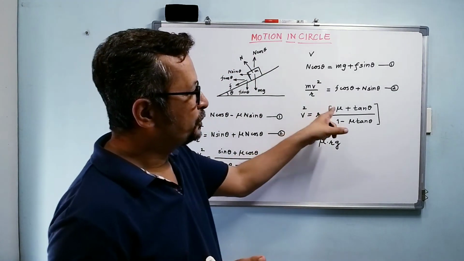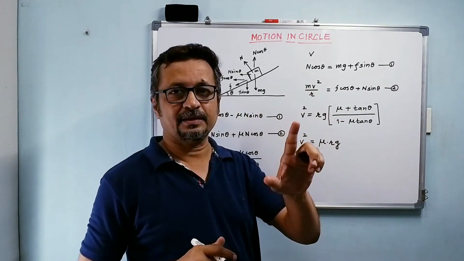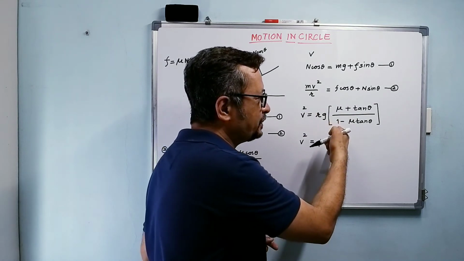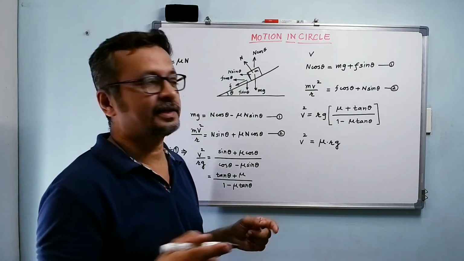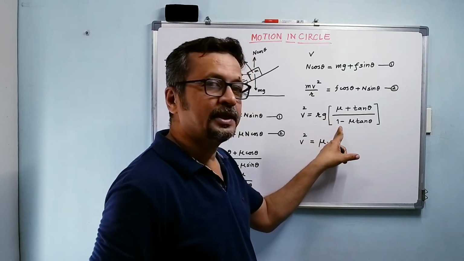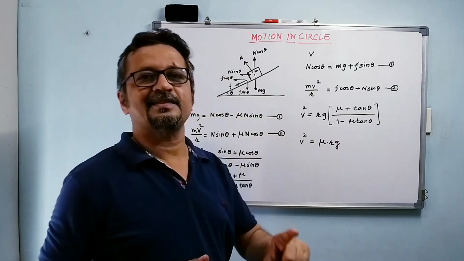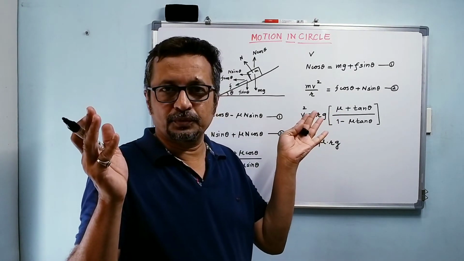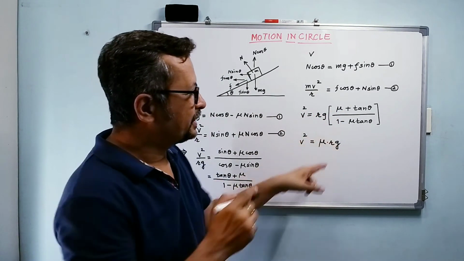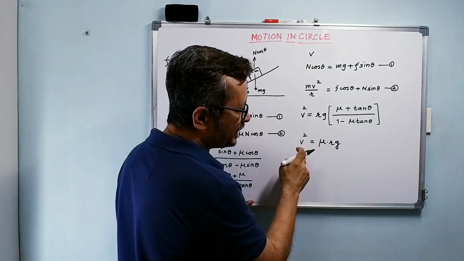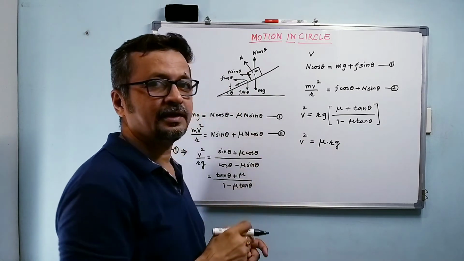Obviously the denominator is less than 1 and numerator is greater than mu, so my velocity over here is greater than the velocity which I would get over here.